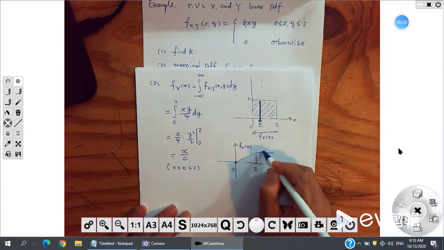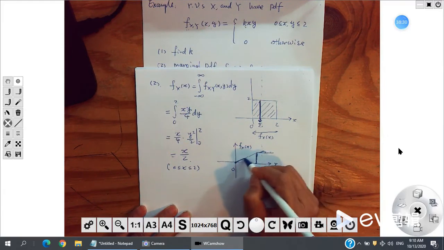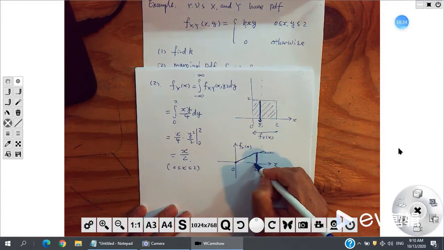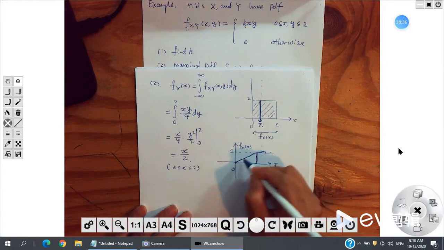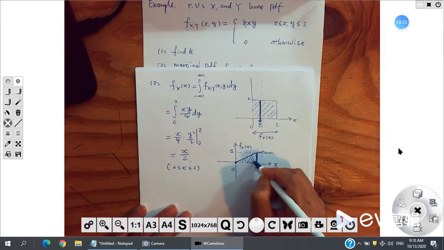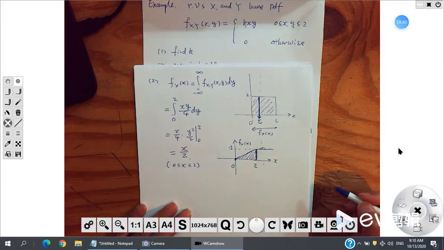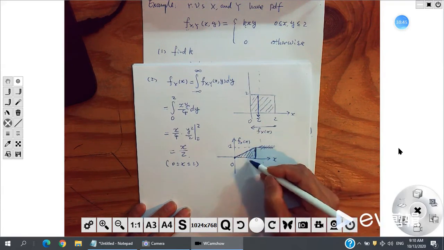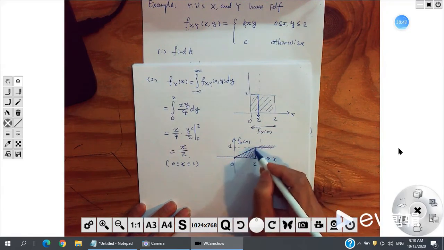The slope is half, so here it should be 1. Is it good? You check the integral of this. Can you get 1? I will say yes, right?